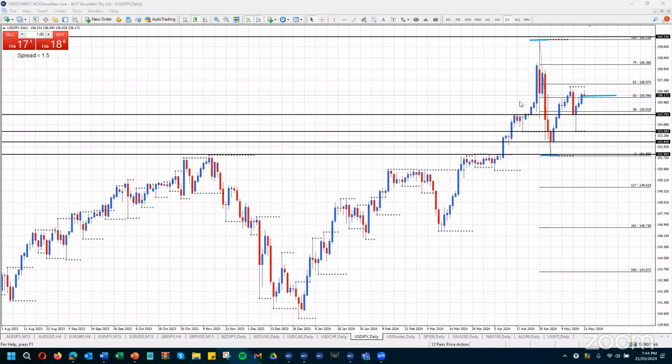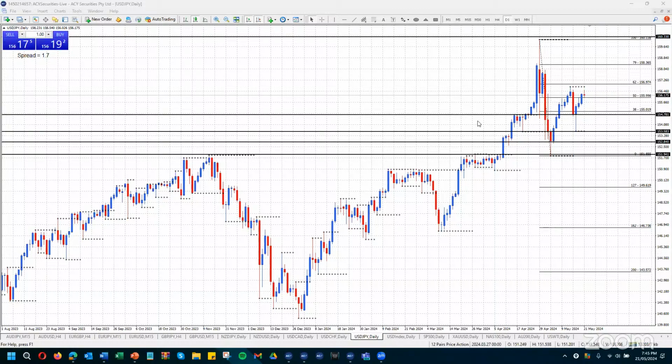So that would be slightly negative. But right now it's just in the middle of this major move. So I need some more information to see really where that's going this week. So if I'm unsure, I'm just going to wait and see.